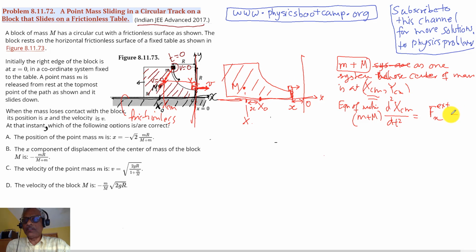And because this is equal to 0, no force, that means it has a 0 acceleration, which means VCM is constant. Which is actually initially at t equal to 0, it's not moving. So this is equal to VCM at 0, which is 0. That means XCM is fixed in time.